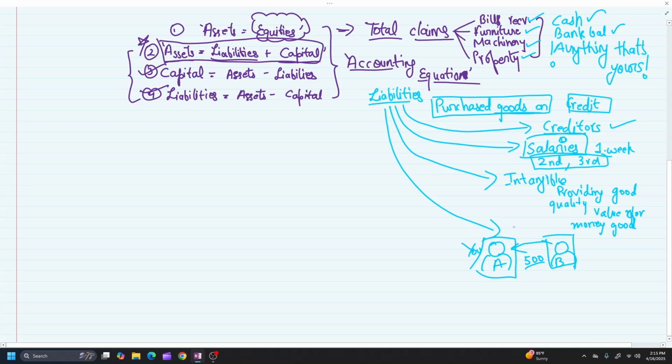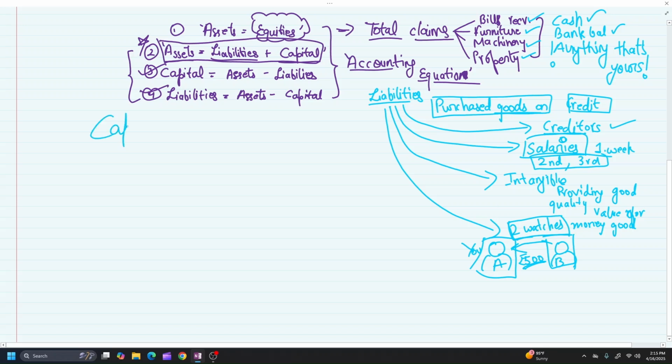He gives you 500 for two watches. So B gave you 500, but you have still not given him the two watches. In this case you are holding a liability. How? Because you already got the money but you have not given the value for it, you have not given him his watches yet, so it's a liability.